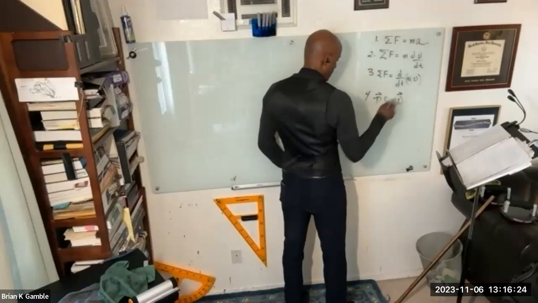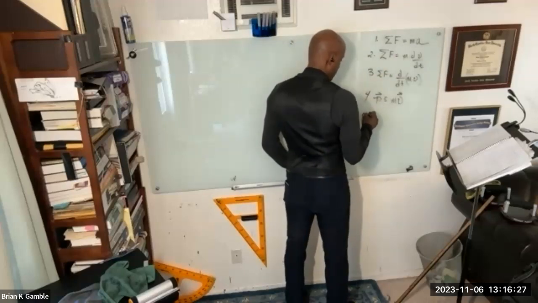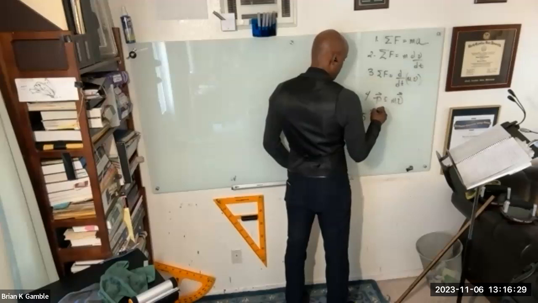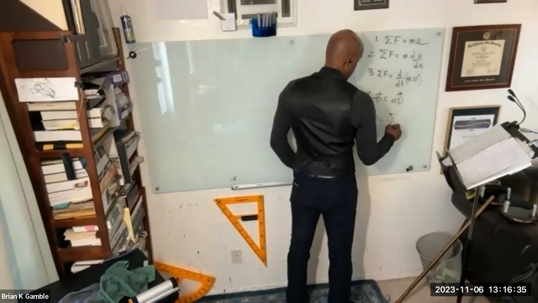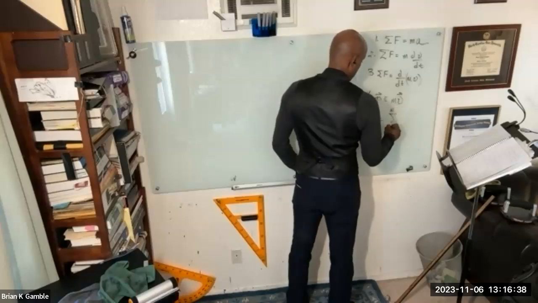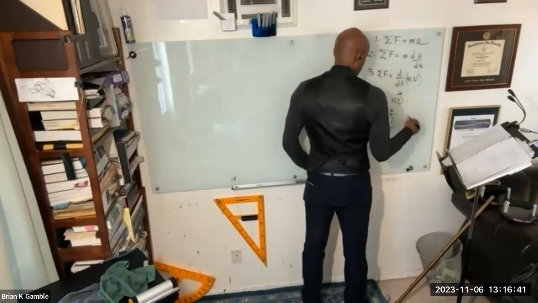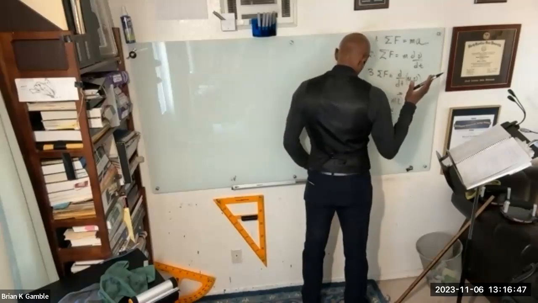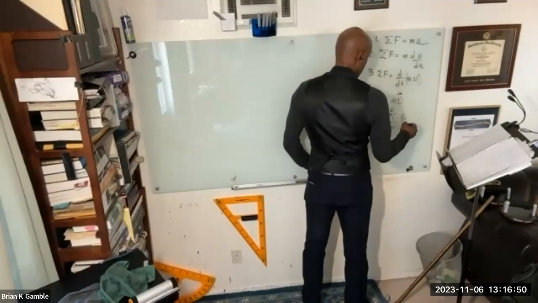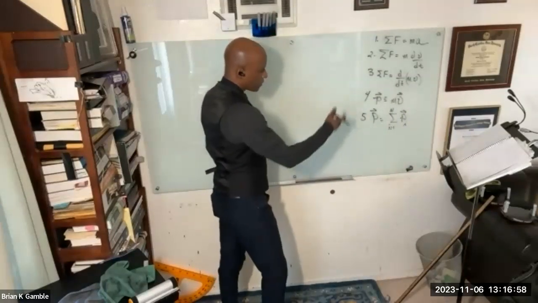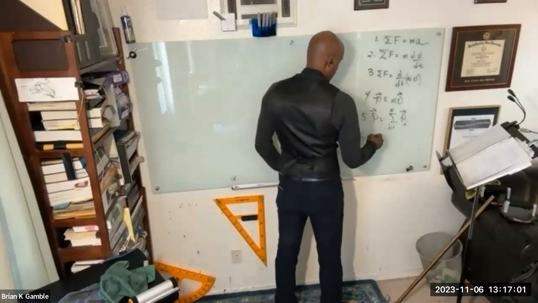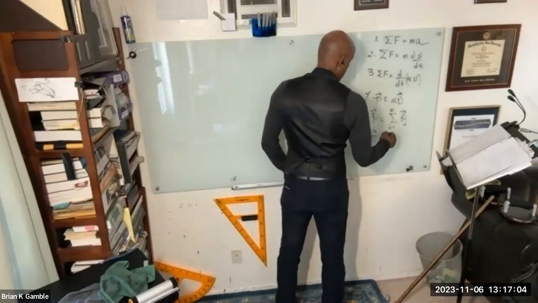If you have a system of particles like we've been looking at, the total momentum of the whole system, capital P, is equal to the summation, i equals 1 to n, of the individual momenta. Then we can substitute 4 into 3, and we come up with Newton's second law in terms of the change of momentum.